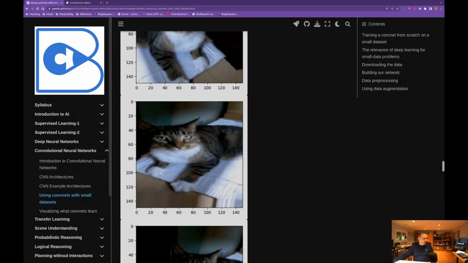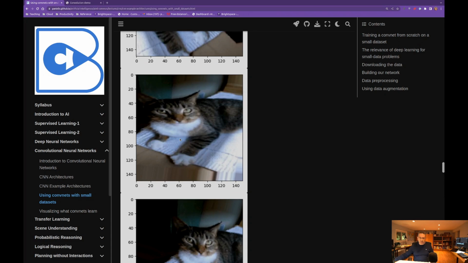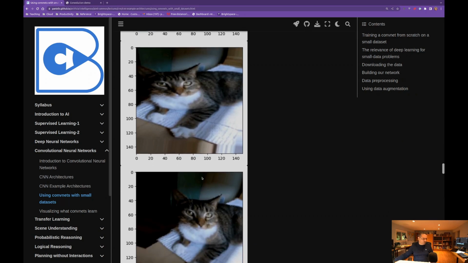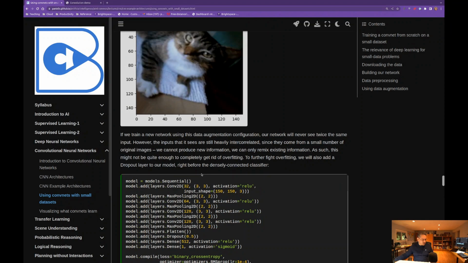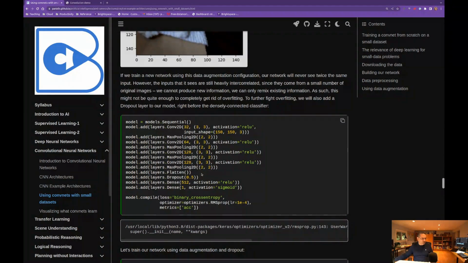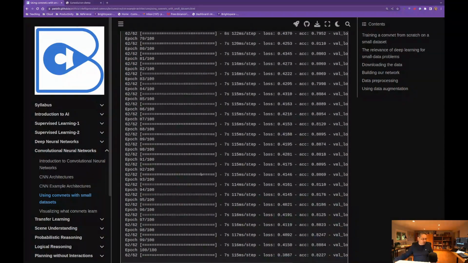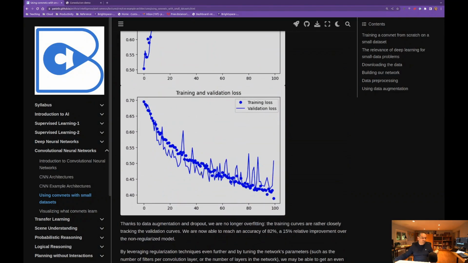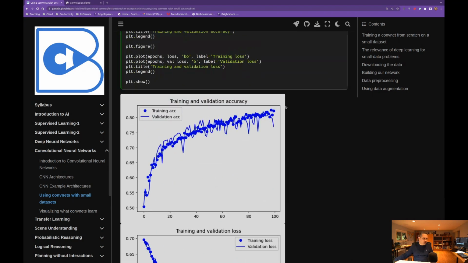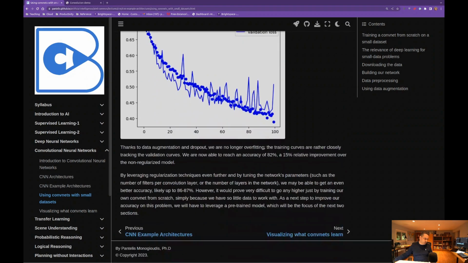We are definitely going to be creating some nasty cats or dogs, but this helps our network not to overfit. If we keep exactly the same network architecture as before, not touching the model at all, but train it with this additional data, then look what happened. We have training and validation loss which are very close to each other. So we have actually solved the overfitting problem, and our accuracy, both in training and validation, is also very close, at something like 85%.